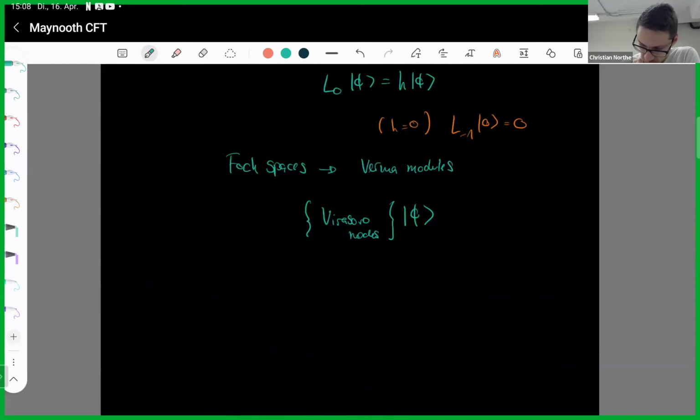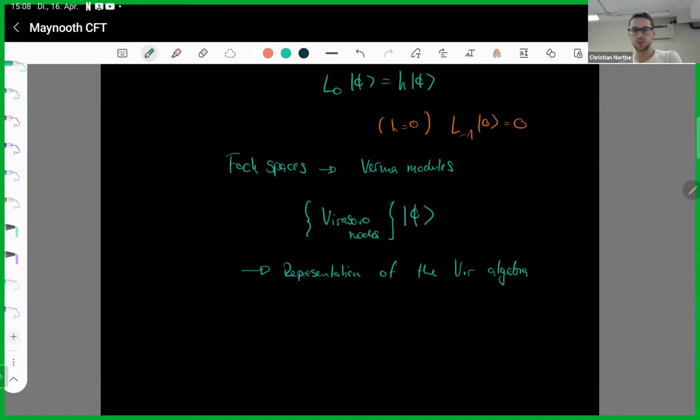And so this Verma module, just for future reference, so that you know when you encounter it, is also a conformal representation, or a representation of the Virasoro algebra.